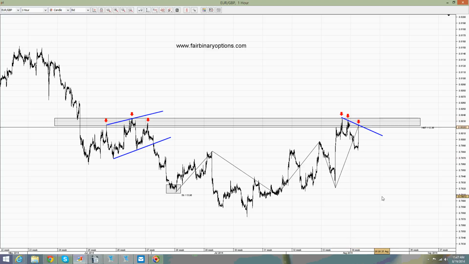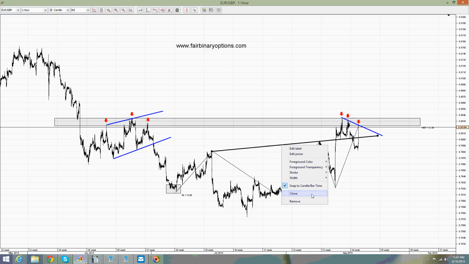And therefore our triangle in this scenario should be in the following situation: from here to here, and from here to here.